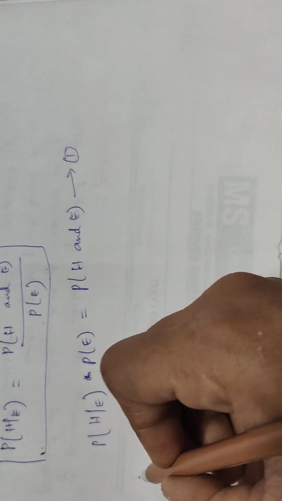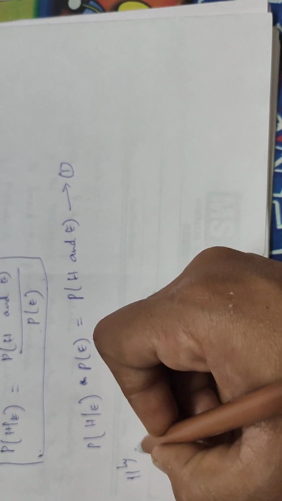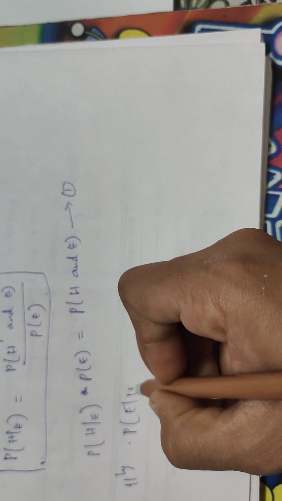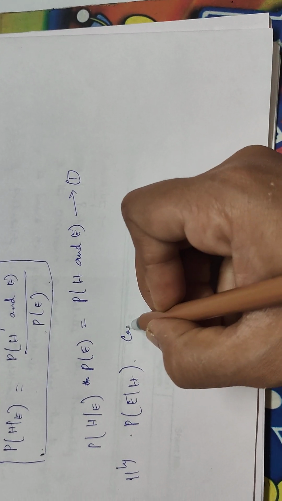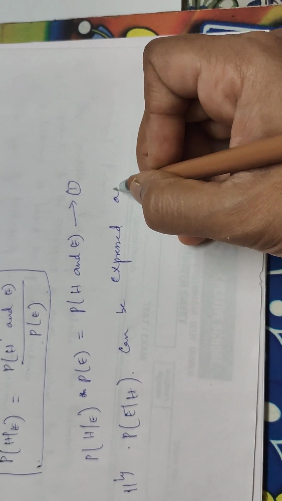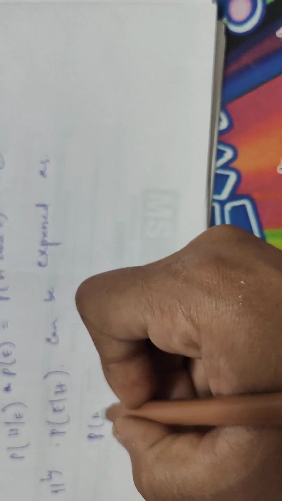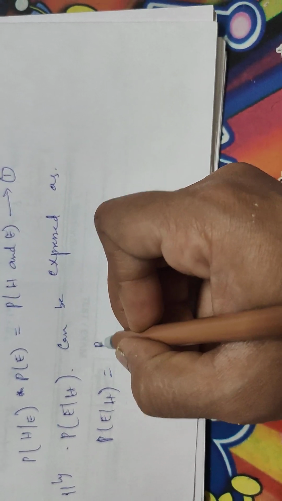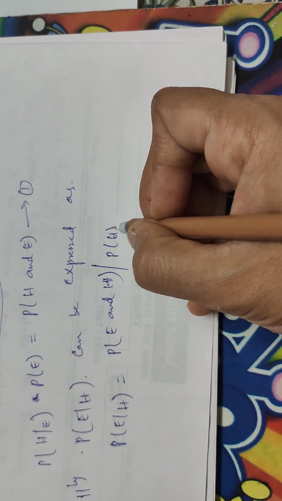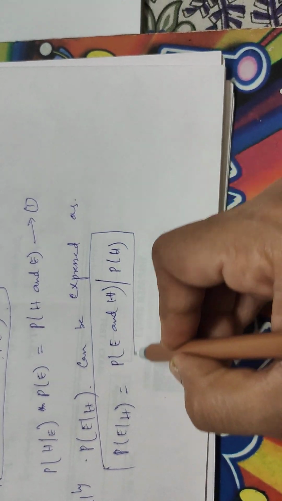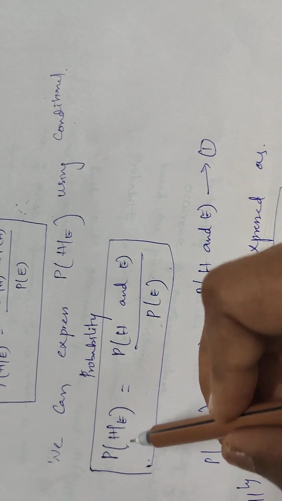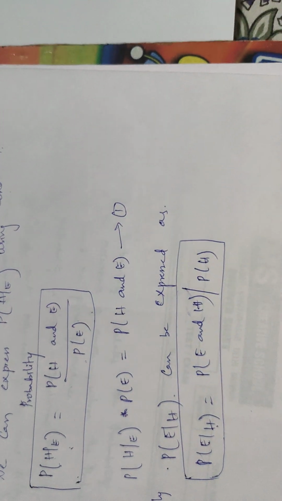Similarly, if I write the conditional probability in terms of P of E given H, it can be expressed as P of E given H is equal to P of E and H divided by P of H. So this is the conditional probability with respect to evidence and hypothesis, and previously we wrote the conditional probability with respect to hypothesis and evidence.